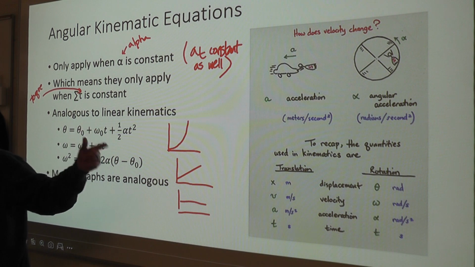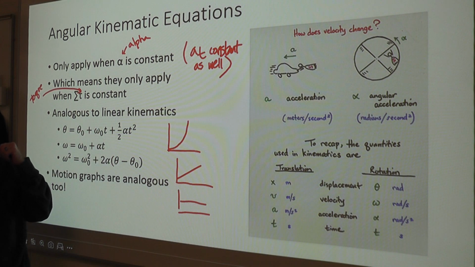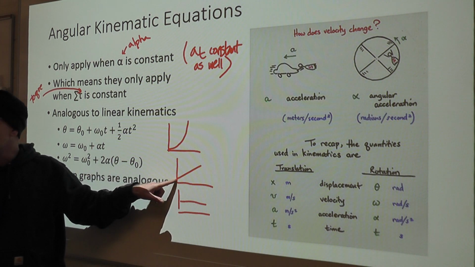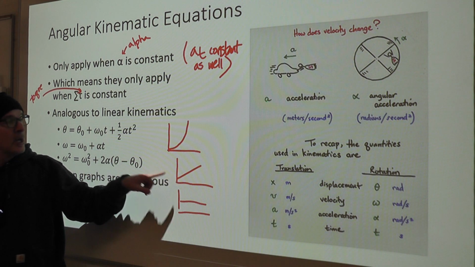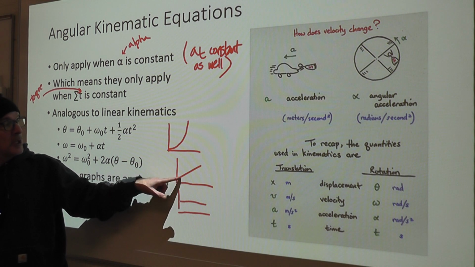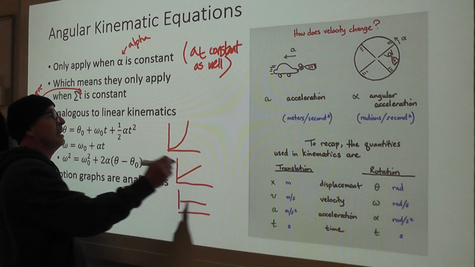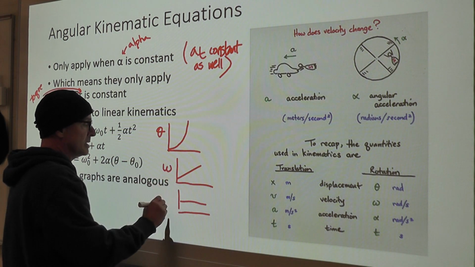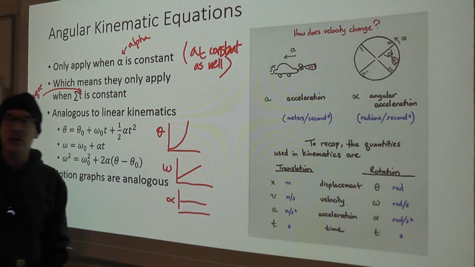These same patterns hold with angular motion. If we have a constant positive angular acceleration, we have a starting angular velocity that's a positive number, and we have an initial angular position of 0, these three graphs will represent the angular displacement, the angular velocity, and the angular acceleration over time.